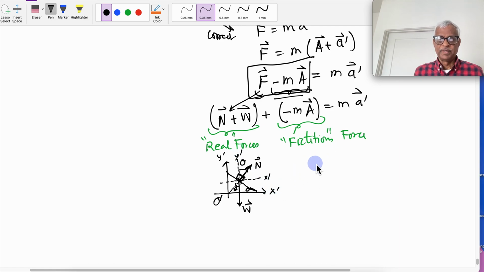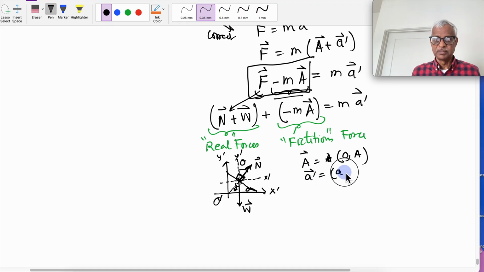Our A is just A, in terms of components, x component 0 and y component is A. A prime is just A x prime, A y prime.